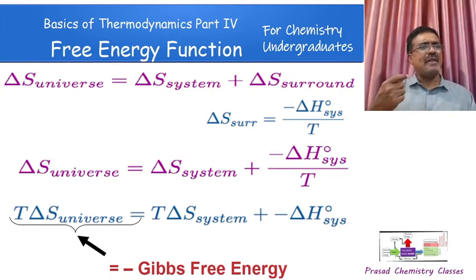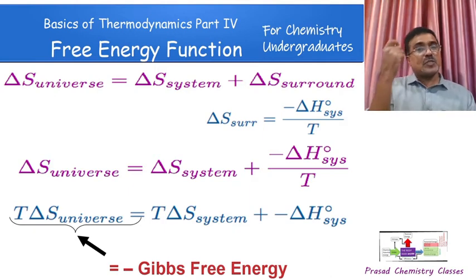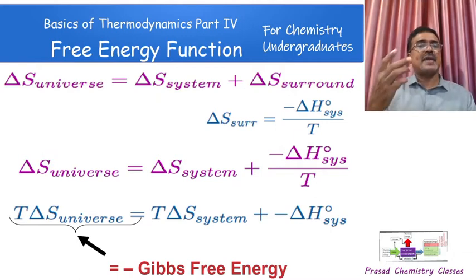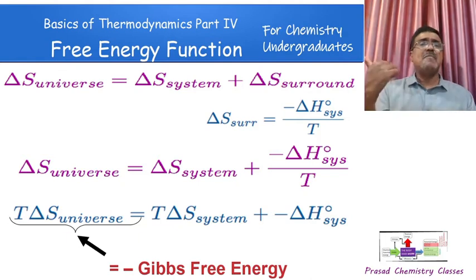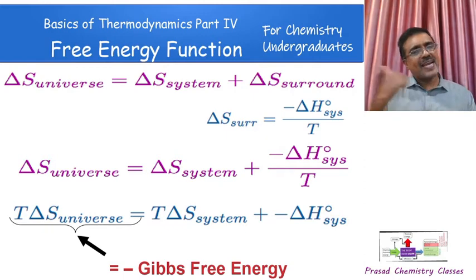And now we can make one substitution. Consider the process is taking place at constant pressure. And at constant pressure, we know the heat absorbed or liberated will be equal to the change in enthalpy. Right, delta H is the change in enthalpy for the system. That is the heat exchanged if it is a constant pressure process. Then minus delta H will be the heat exchanged by the surroundings, right?